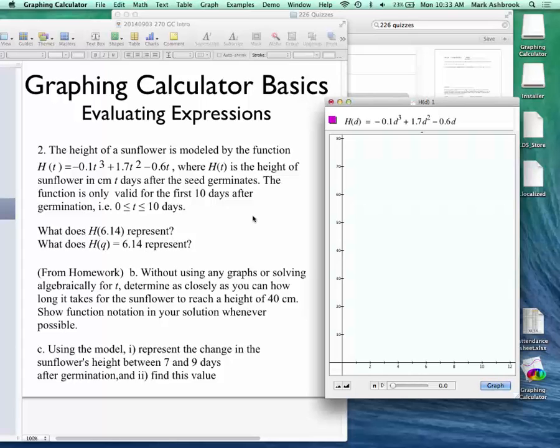When you read h(6.14), what are you looking at there? What does that mean? This is going to be crucial in the whole course, that you have a firm and quick understanding of a notation like that. And then what would h(q) = 6.14 represent? So have a quick conversation with the person next to you. Talk about the meanings of these expressions. Go.